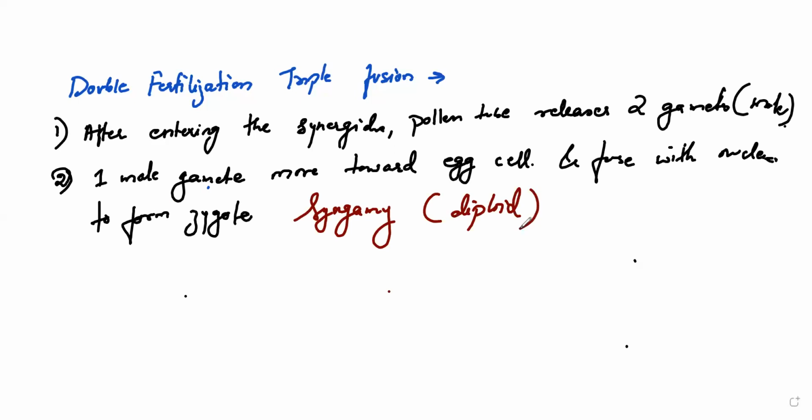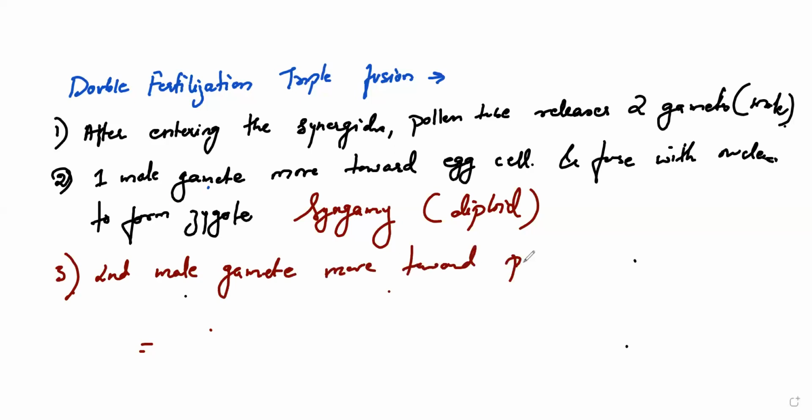Then what remains is the second male gamete. Whatever the second male gamete is there, that will move towards the polar nuclei. And these polar nuclei are located in the central cell of that particular embryo sac. So it will fuse with them, right?